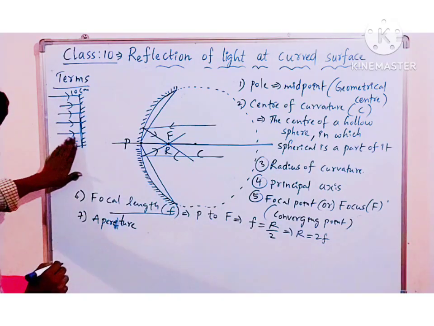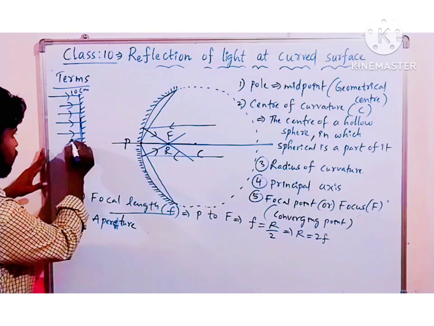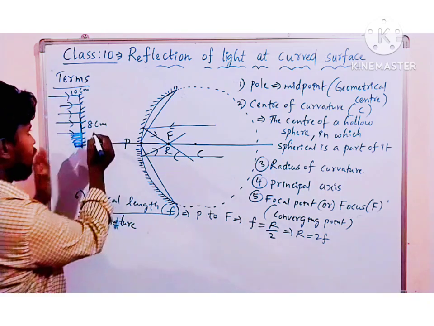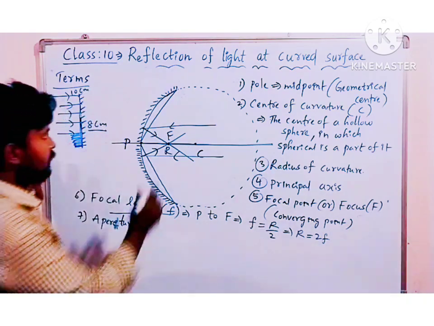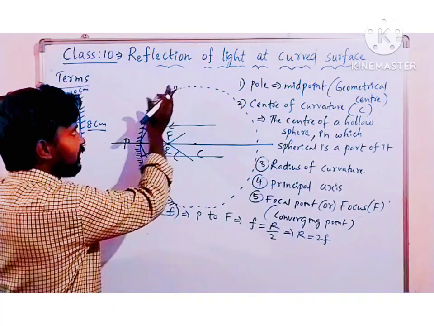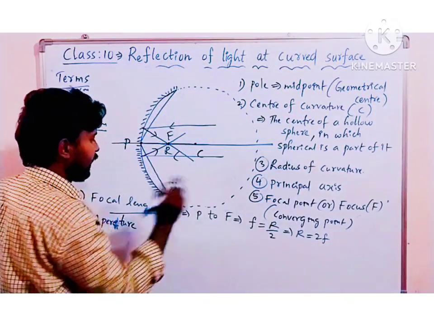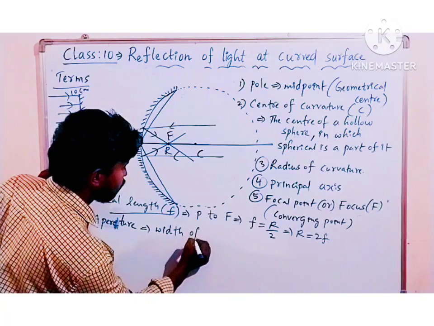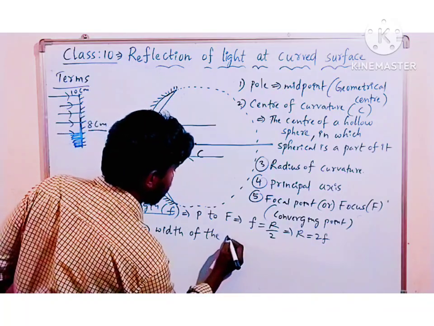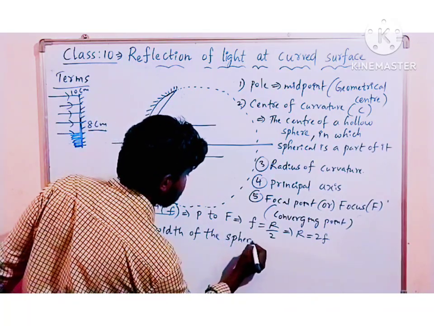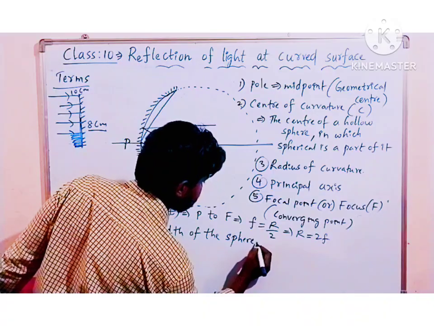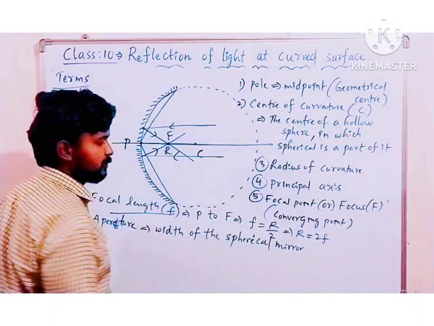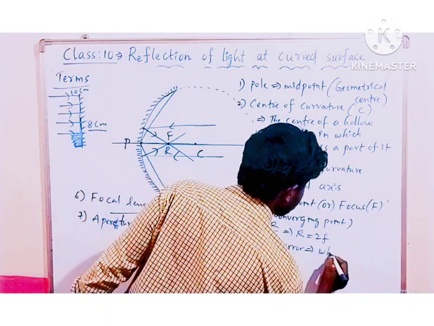If I coat 2 centimeters with an opaque substance, the remaining 8 centimeters is the reflecting surface, which is the width of the plane mirror. In the same way, aperture is the width of the spherical mirror where reflection takes place.